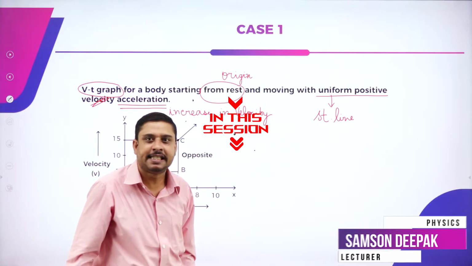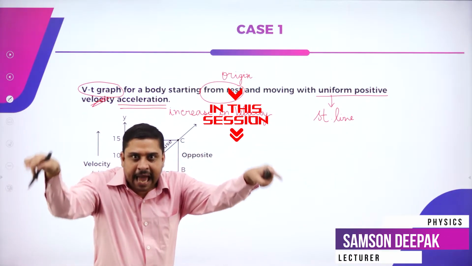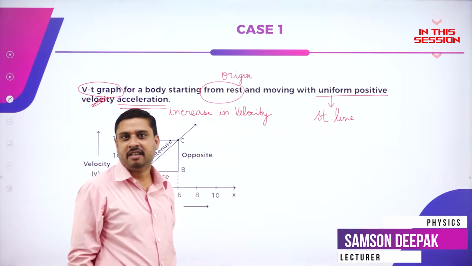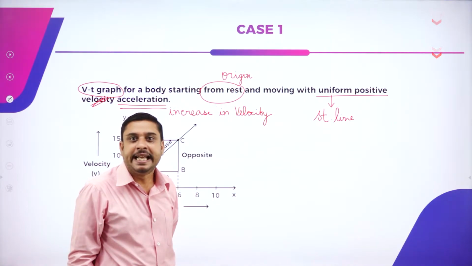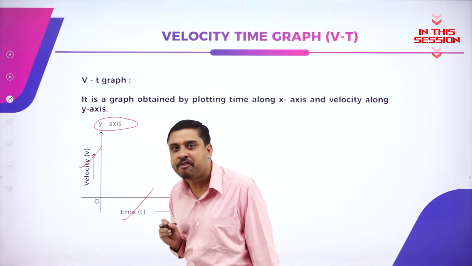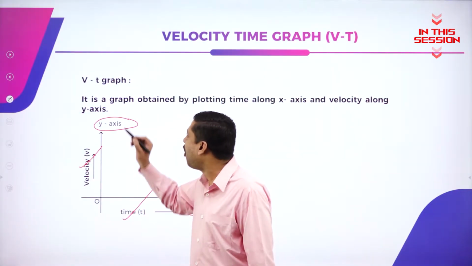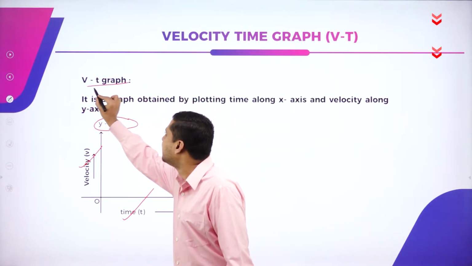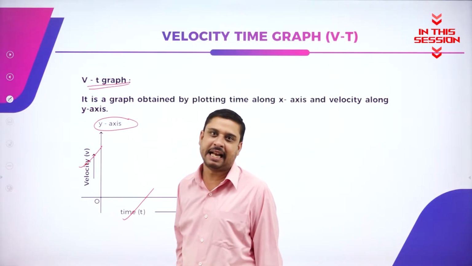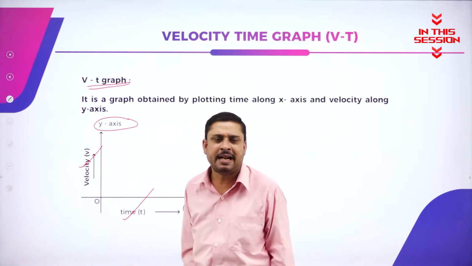Increase in velocity, and these have to be featured in our VT graph. And such a graph is what we call a velocity time graph. See, simple in understanding.